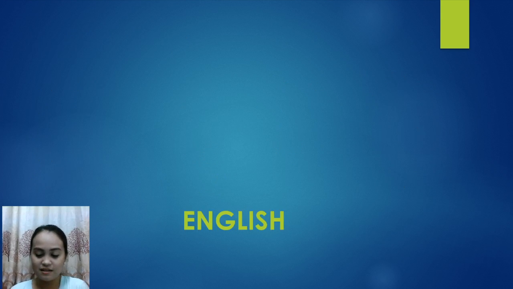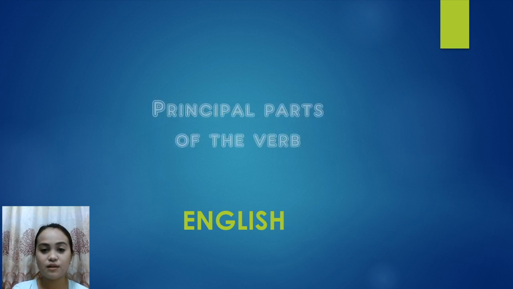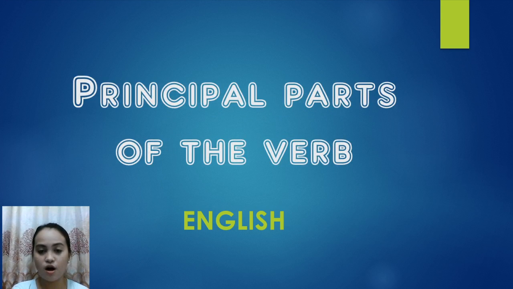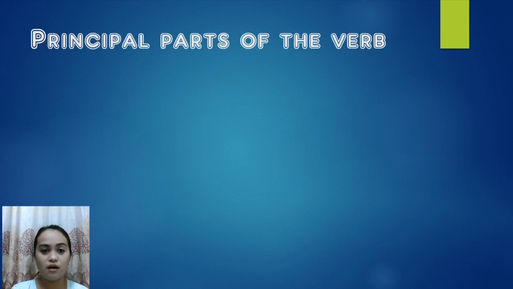Now, the second sub-skill is all about the principal parts of the verb. So what are verbs? Verbs are action words. Okay, principal parts of the verb.